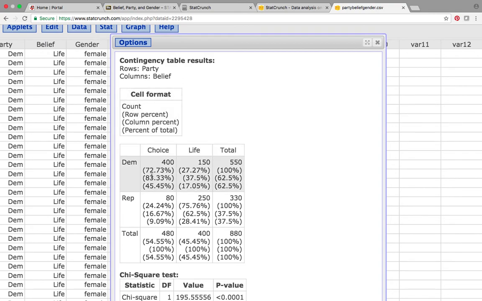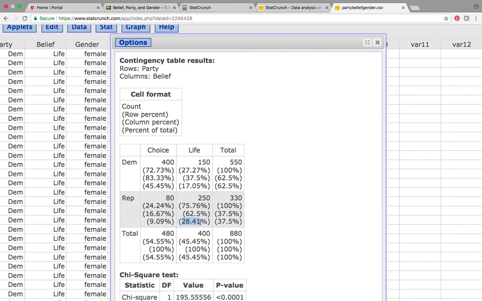So I have percent of total, so 45.45% of the subjects were Democrat and pro-choice. Only 17.05% were Democrat and pro-life. Republicans, only 9% was a Republican and pro-choice, and 28.4% was a Republican and pro-life.